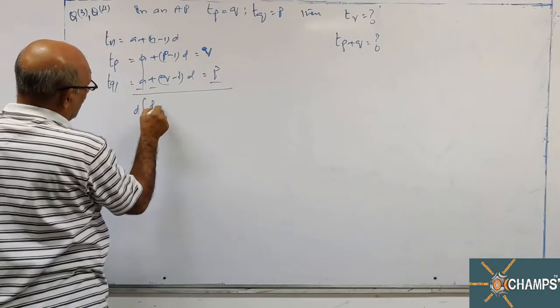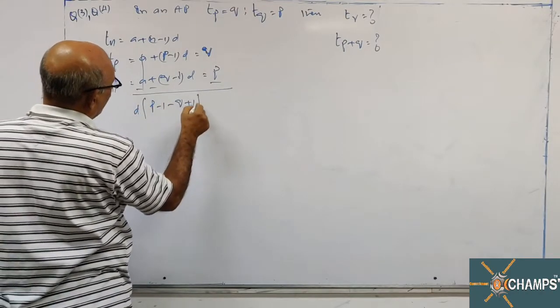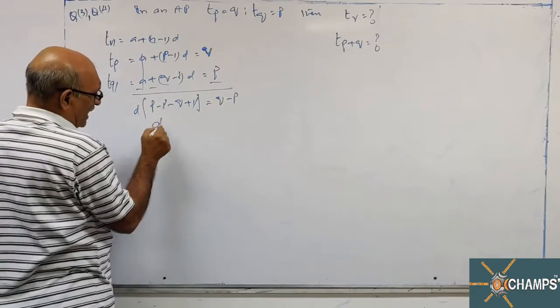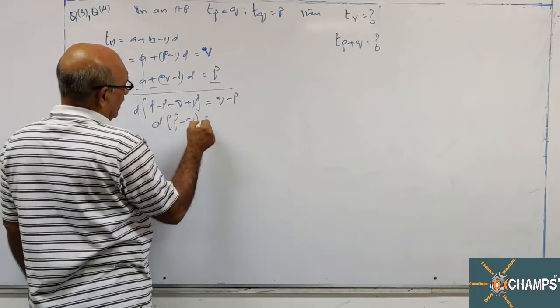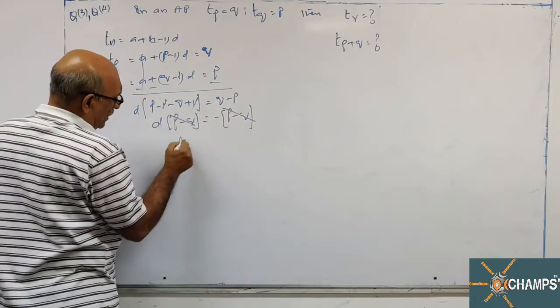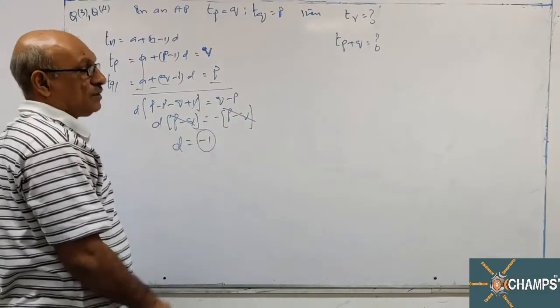When I take D as common, P minus 1 minus Q plus 1 is equal to Q minus P. Plus 1 minus 1 cancel. If I take minus as common, it is P minus Q. D is equal to minus 1.